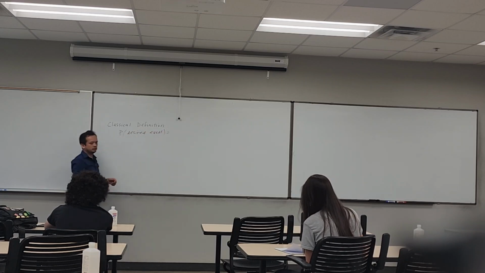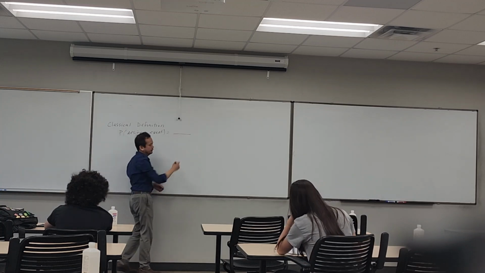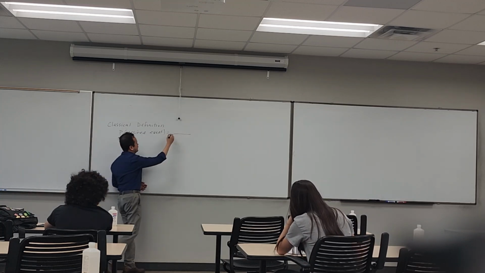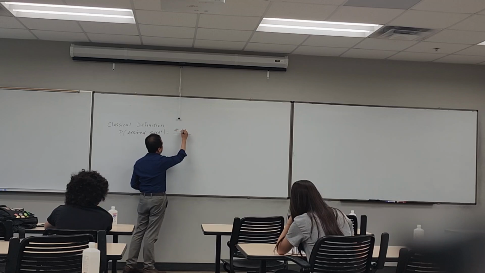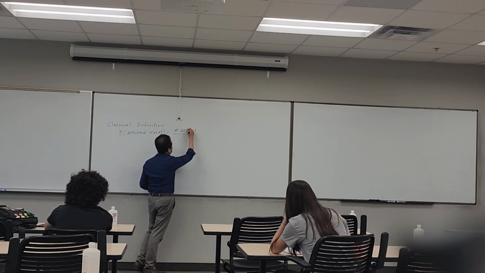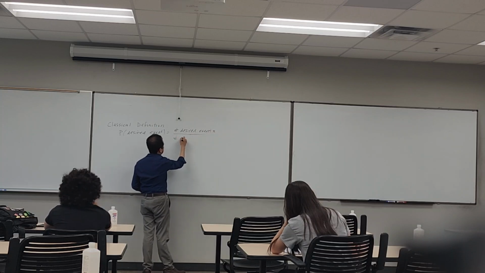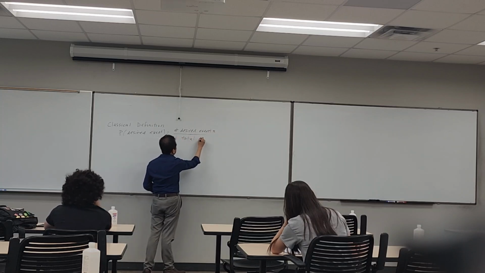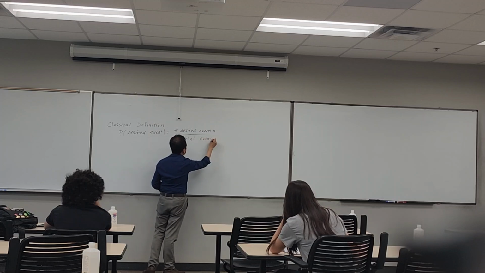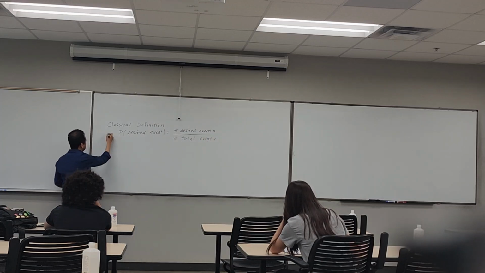It's going to be equal to a ratio, where the ratio is the number of desired events divided by the number of total events. That was the first mathematical rule we talked about, and then we talked about the addition rule.